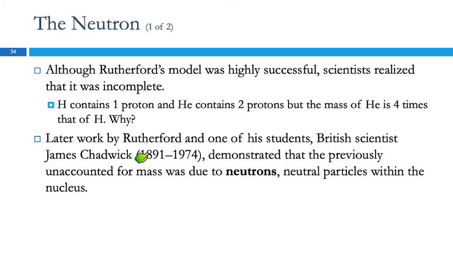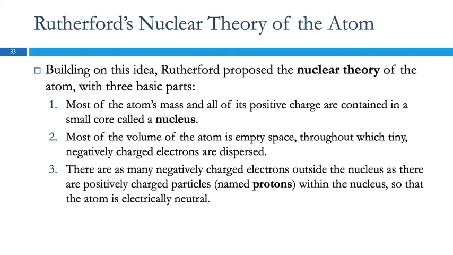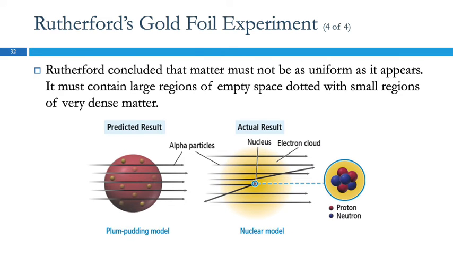So Rutherford and one of his students, Chadwick, demonstrated that the mass they couldn't account for was due to neutrons. Those are neutral particles inside the nucleus. So if we go back to the picture here, there are protons and neutrons in the nucleus, and that's where almost all the mass is, and then the little tiny electrons out here.